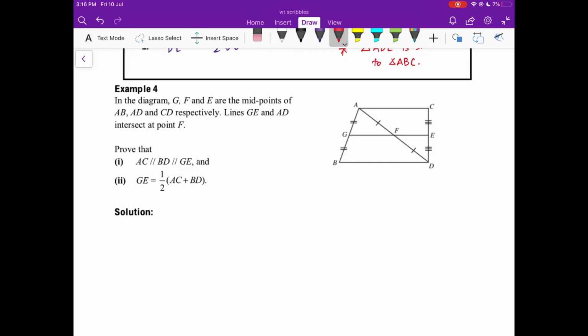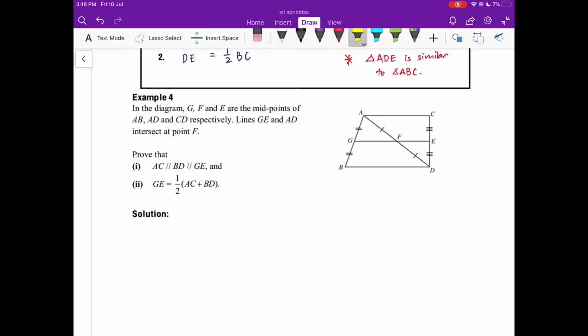So first we take a look at the triangle AGF and the triangle ABD.